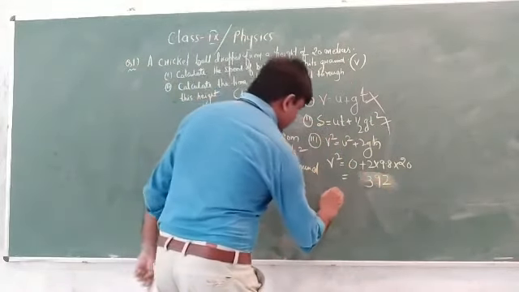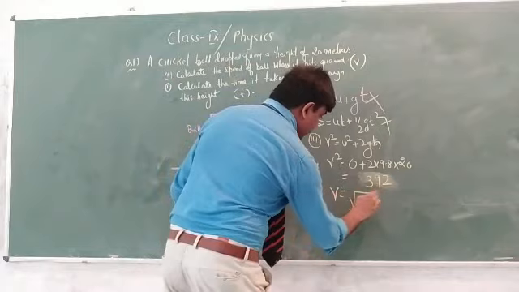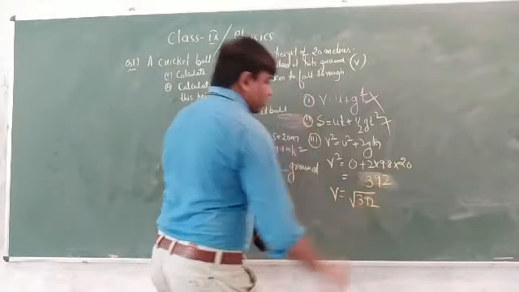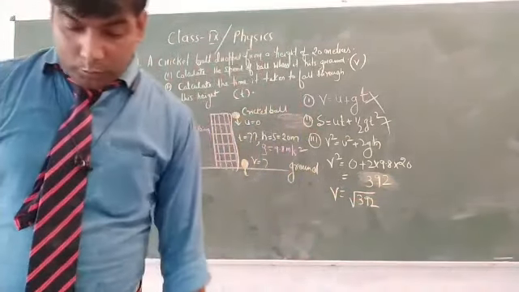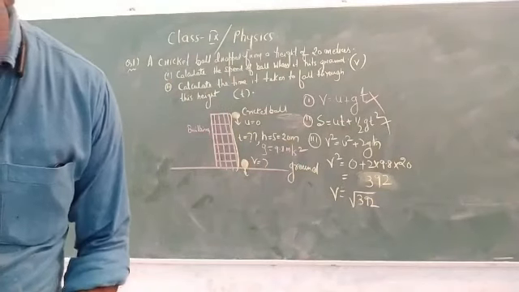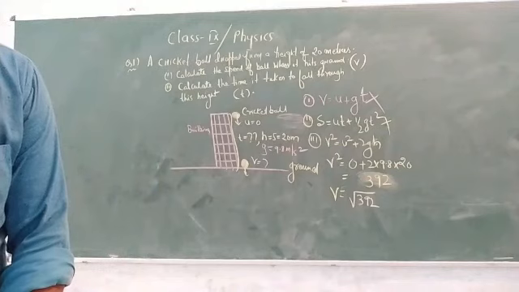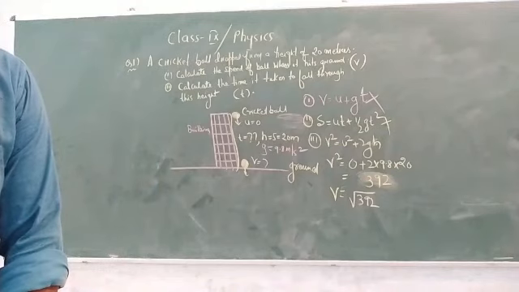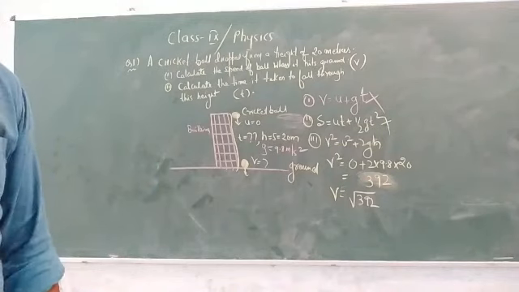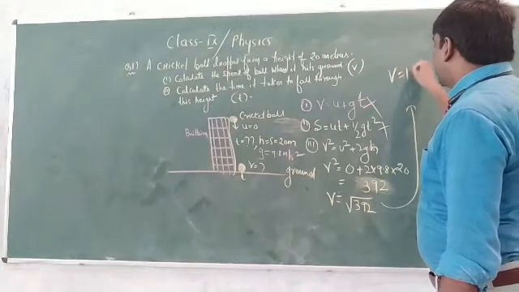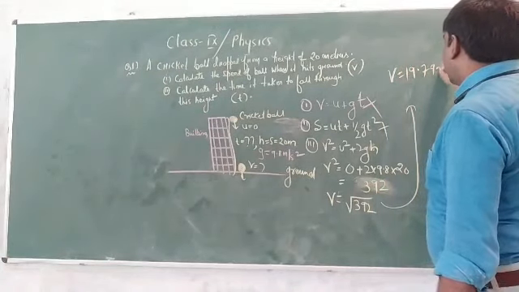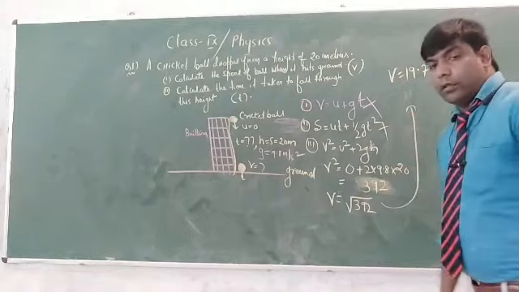And when you take v equal to root under 392, that is approximately 19.79 meter per second, right?